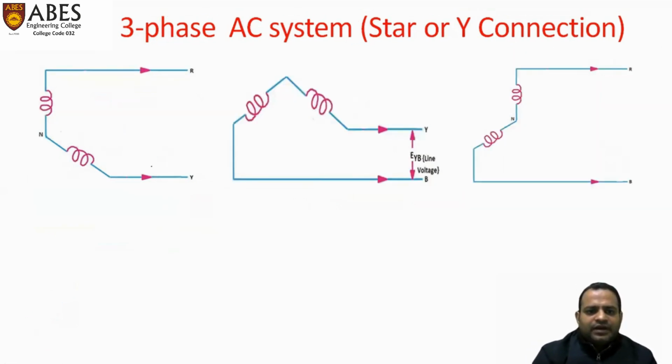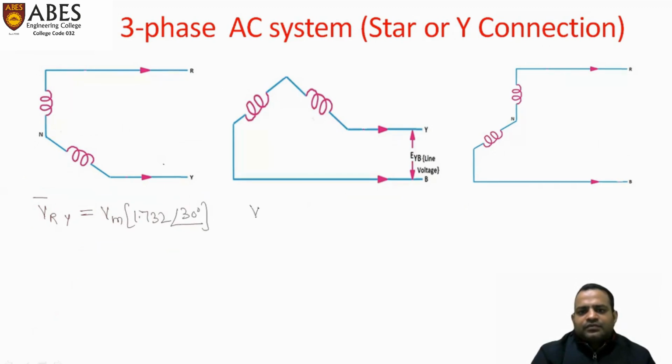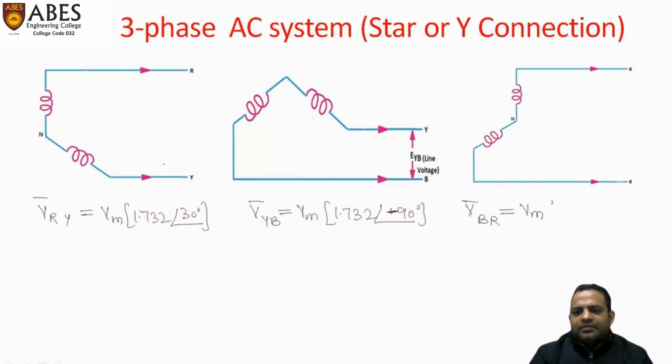First, VRY is Vm 1.732 angle 30 degree; VYB is Vm 1.732 angle minus 90 degree; and VBR is Vm 1.732 angle 150 degree.